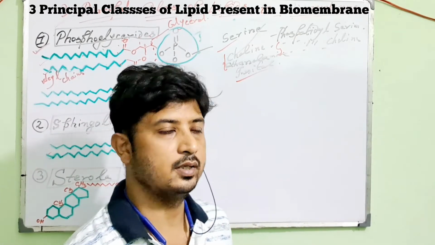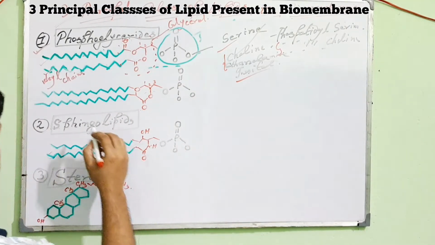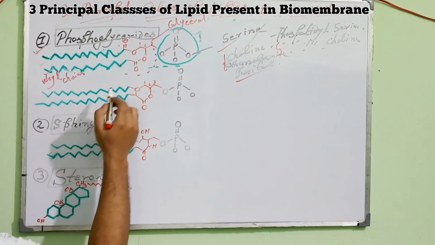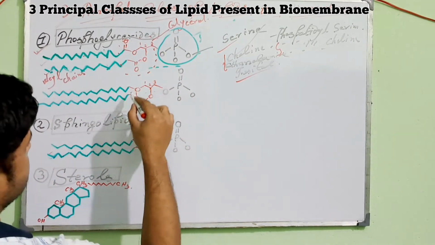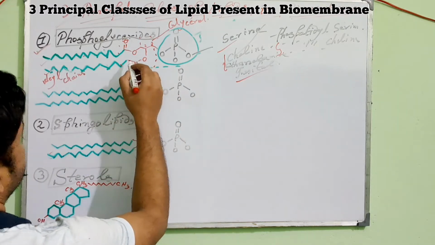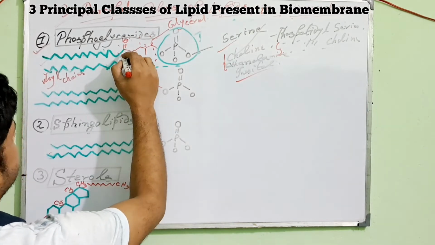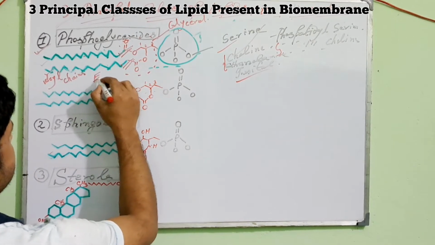Now coming to a separate section of phosphoglyceride. We are still within phosphoglyceride. You can see this structure. If you carefully observe this glycerol part, here you will see the difference. Here both the acyl chains are joined by ester linkages.